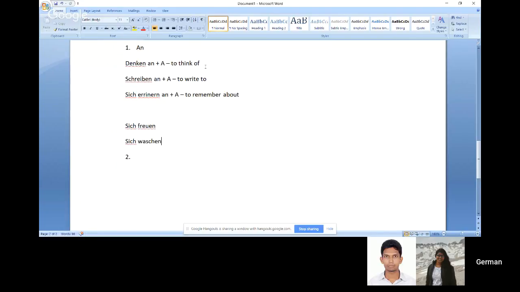There are a few verbs which take two prepositions with themselves, wherein in both of them the meaning is changing and also the case would change in a few prepositions. For now, let's just note it down, all of them, and then you would understand the difference.